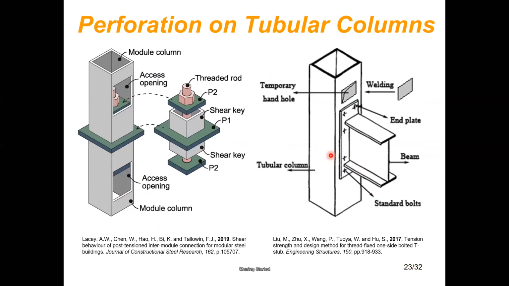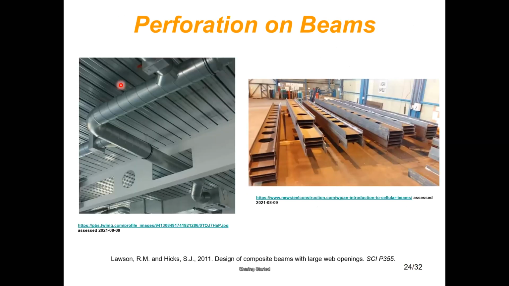Some of the joints require a hole in the column because of accessibility. So we have to think about a structural component with a hole. Sometimes we have holes in the beam to pass through services. That can reduce weight and construction depth, and then we can work out the structural performance.